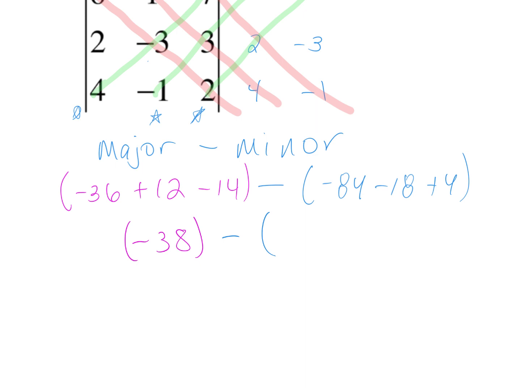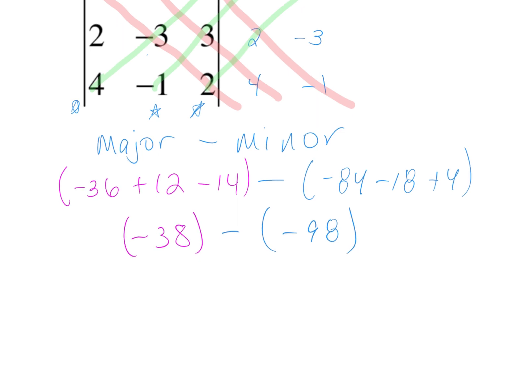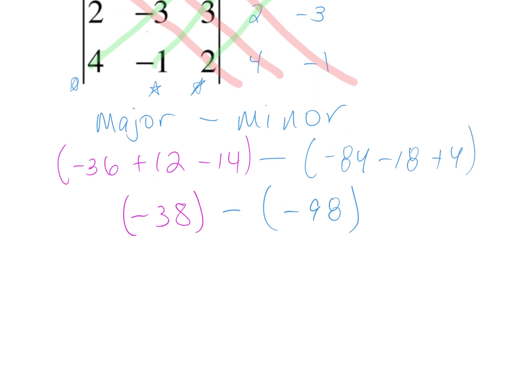Negative 102 plus 4. Negative 98, good. So if I have negative 38 minus a negative 98, that's the same as negative 38 plus, correct? So what's negative 38 plus 98? 60. And there's your determinant.